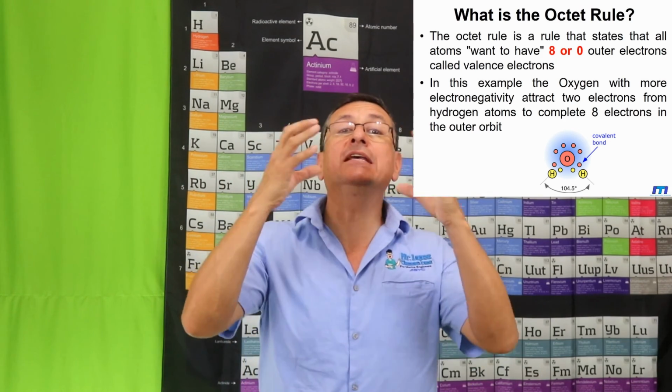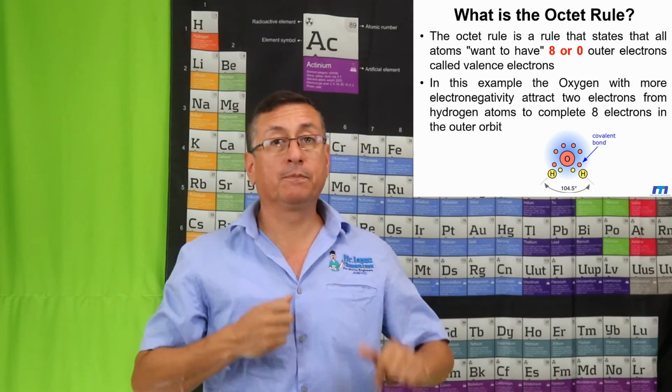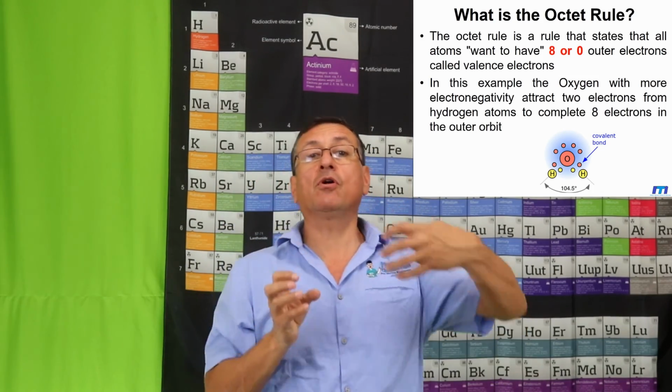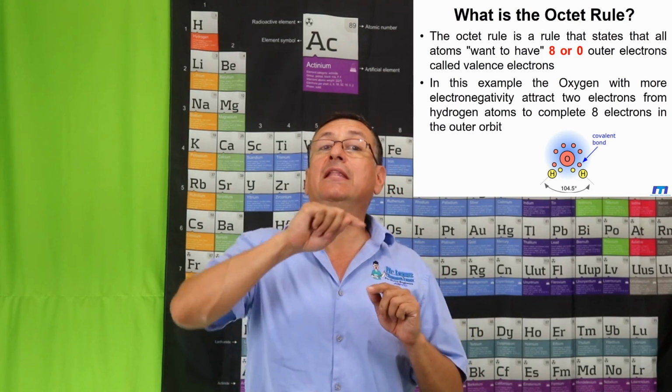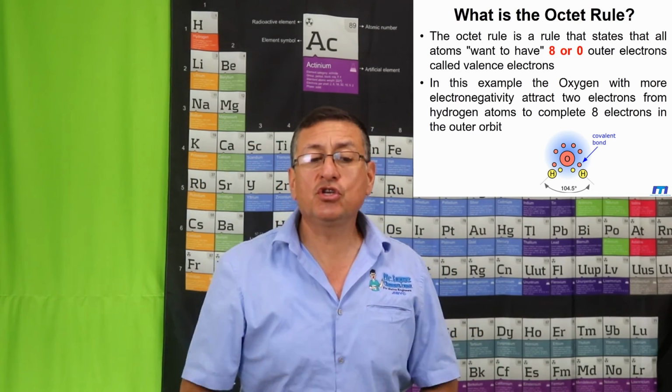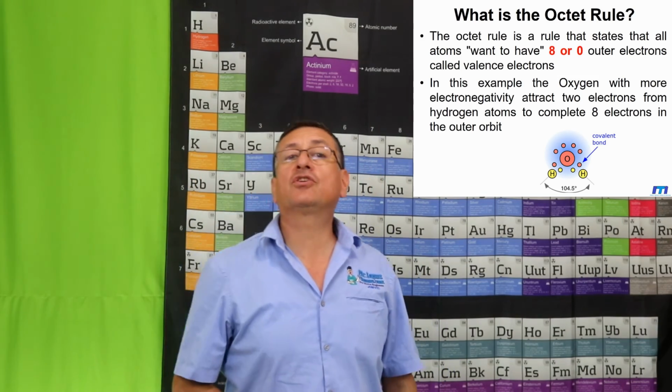Each atom by itself is stable. But when the atom tries to combine with other ones, the atom tries to keep 8 electrons or 0 in the last orbit.